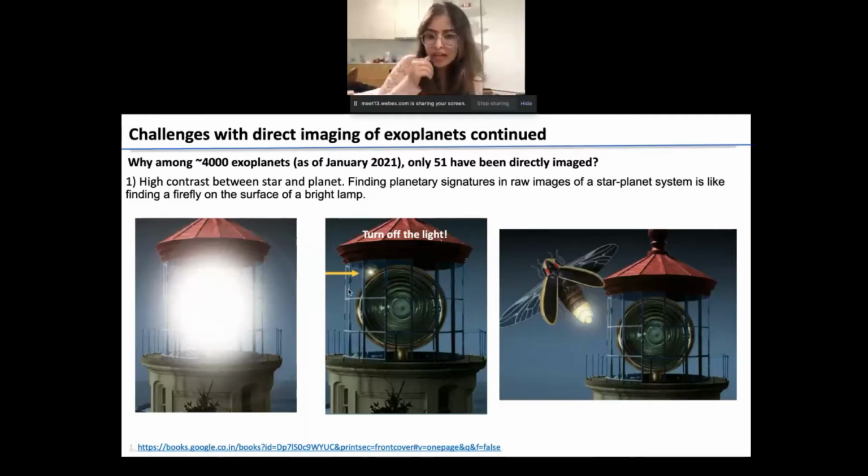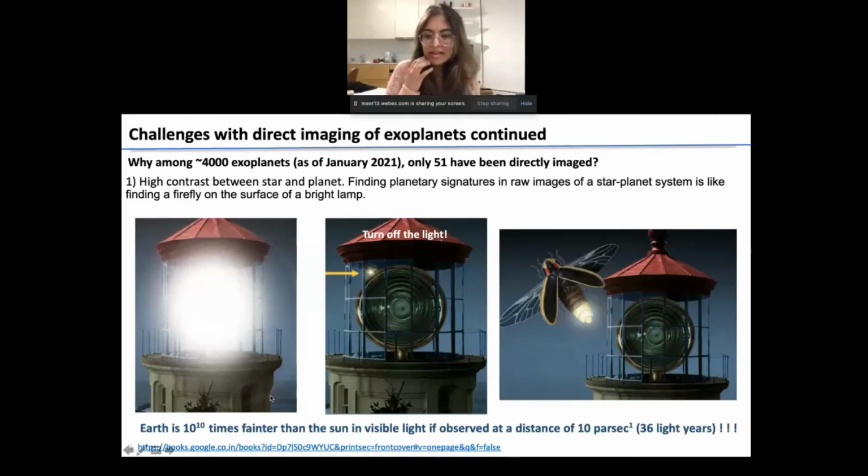But this is the first challenge: your planet is so teeny tiny faint, you don't even see it because the light of the star is so overwhelming.